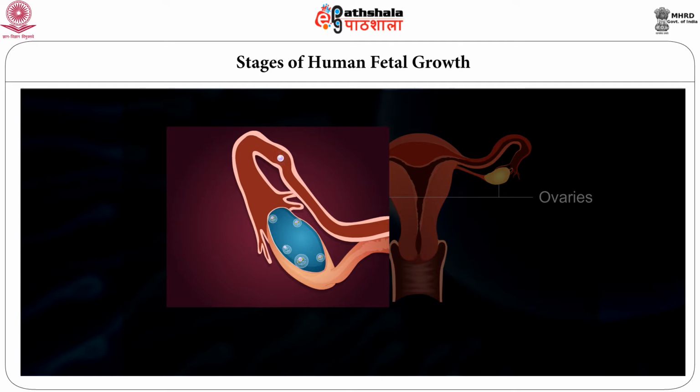Fertilization usually occurs in the fallopian tube within 48 hours, after which cell division rapidly proceeds, resulting in a solid ball of cells. The morula then enters the uterus, where it undergoes reorganization into a hollow ball, the blastocyst.